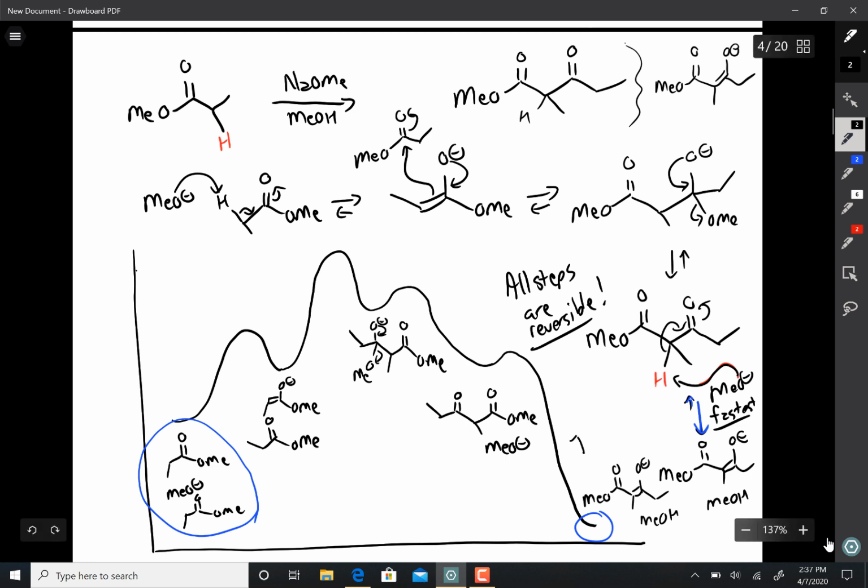This is what's sometimes referred to as a thermodynamic trap. Because if you didn't have this trap, then the lowest energy state is on the left side, the starting material side, and the reaction would progress backwards.